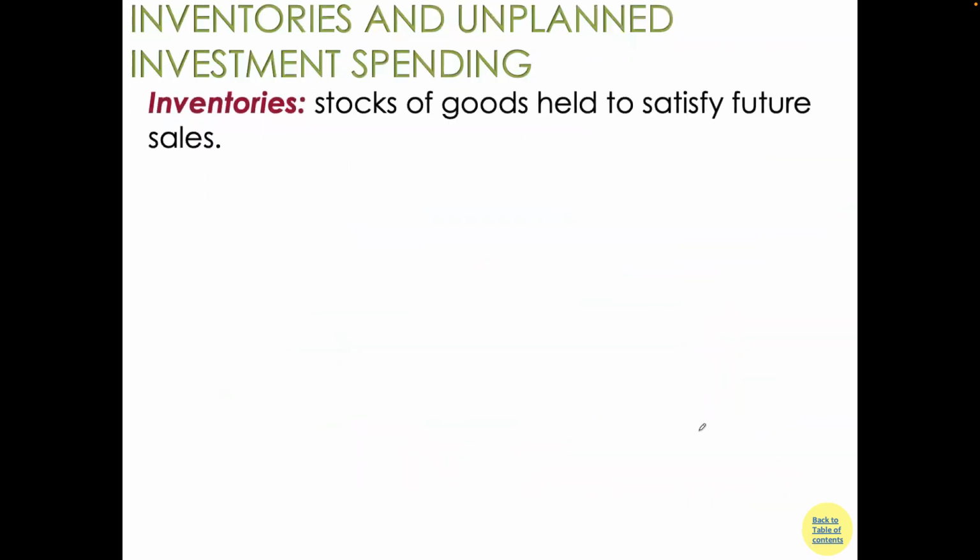Now, finally, we end up with this slide. This kind of links to the next lecture, right? So first, inventory. What is inventory? So stocks of goods, to satisfy future sales. Give you two examples. You go to Target. If you want to buy 1,000 eggs, the Target told you we don't have eggs in stock.